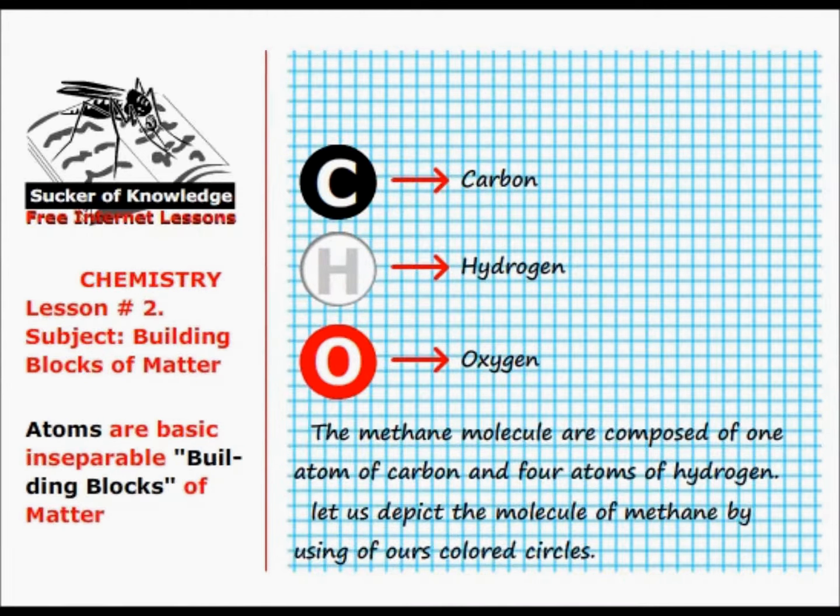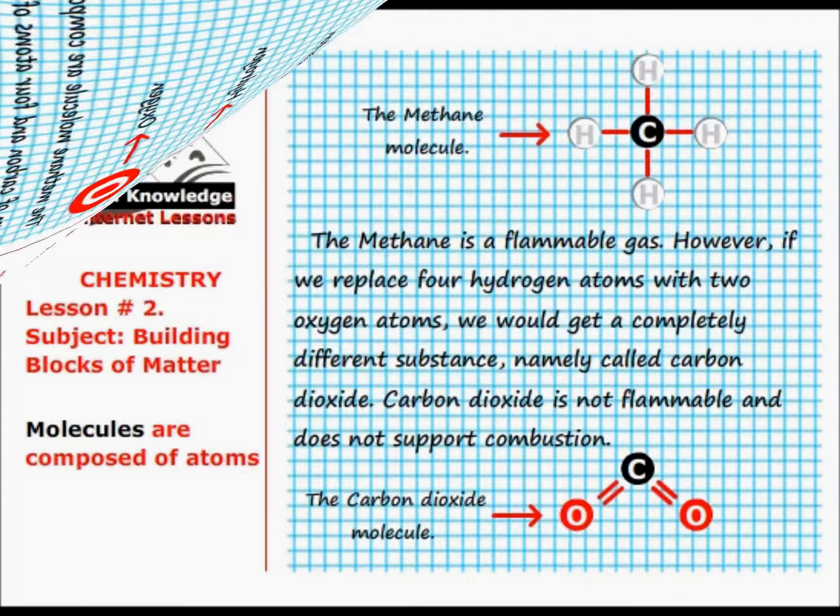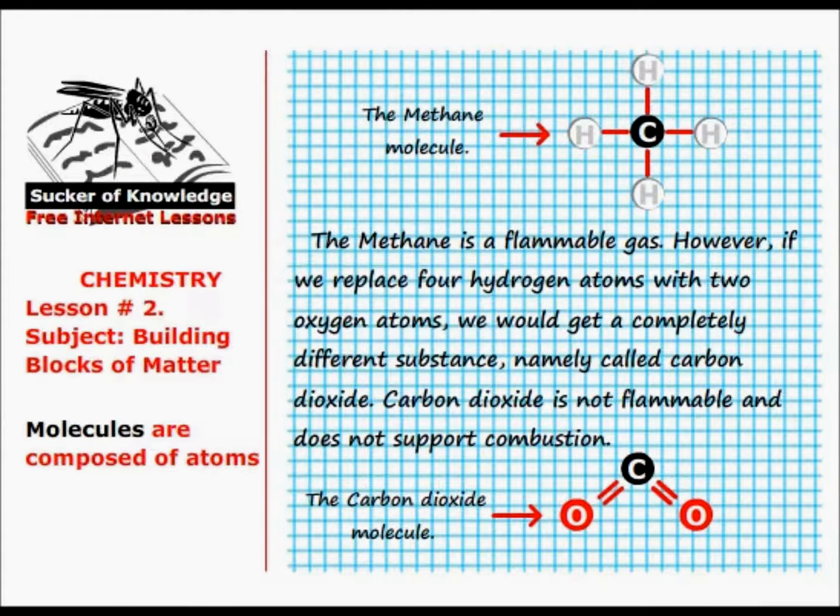The methane molecule is composed of one atom of carbon and four atoms of hydrogen. Let us depict the molecule of methane using our colored circles. Methane is a flammable gas.